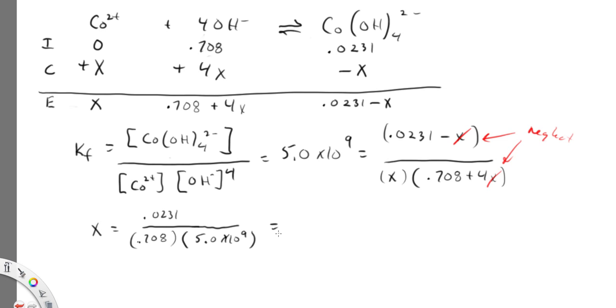All right. And I messed up because this needs to be a 4 right here. And so there needs to be a 4 on the 0.708. Hopefully you caught that.